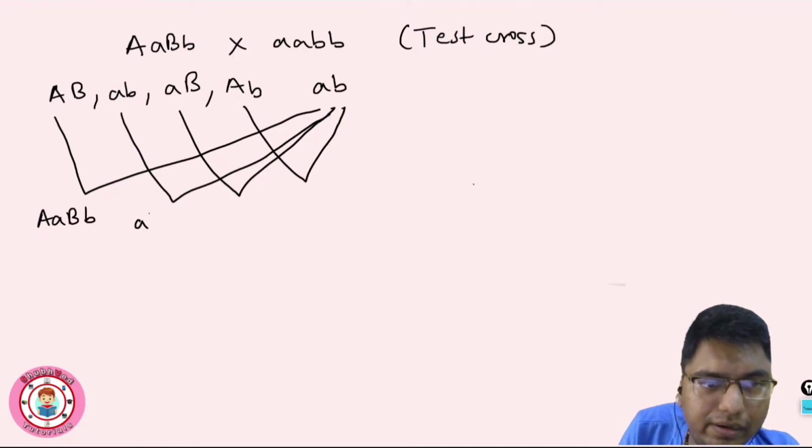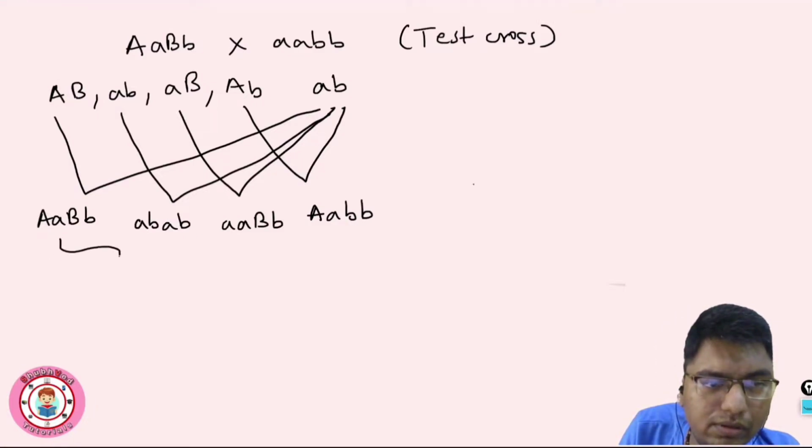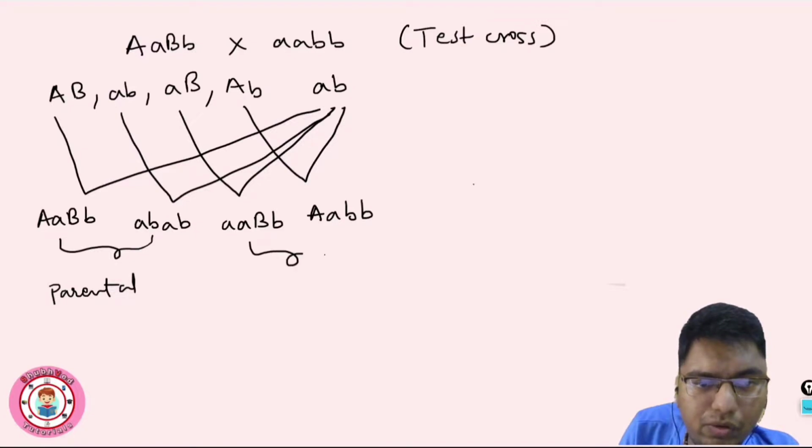Okay, that's it. So we know these are parental, and these are recombinants, right?